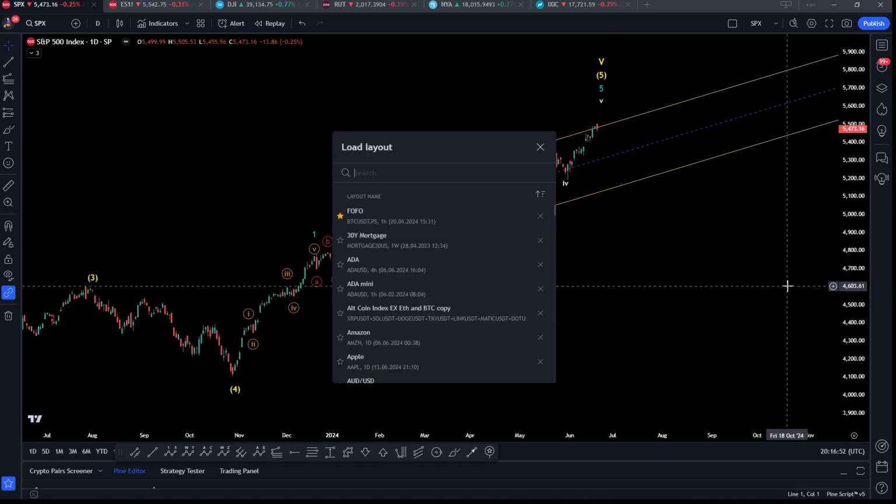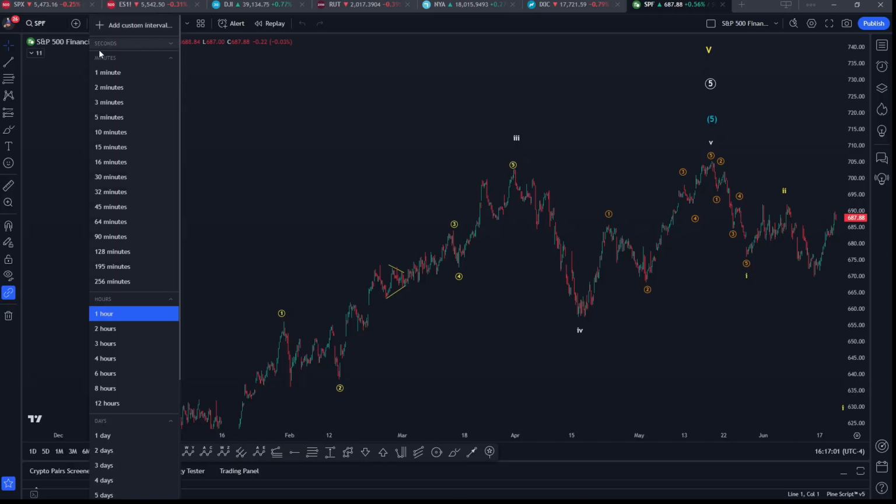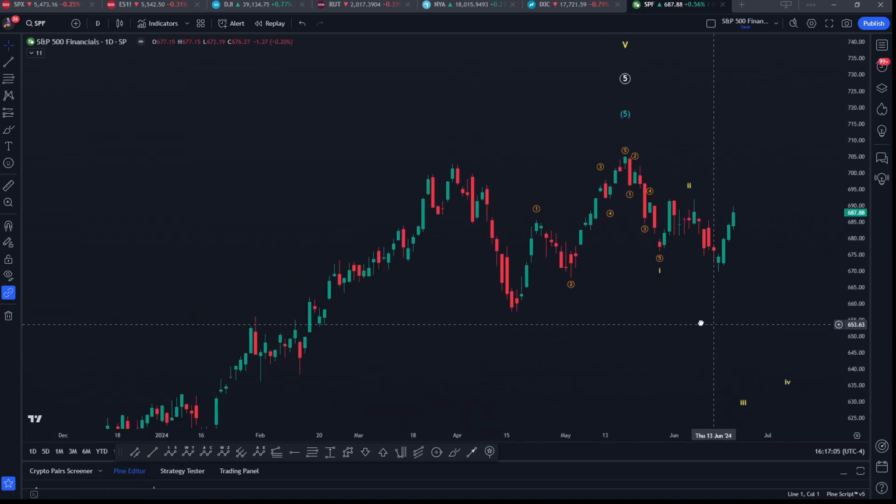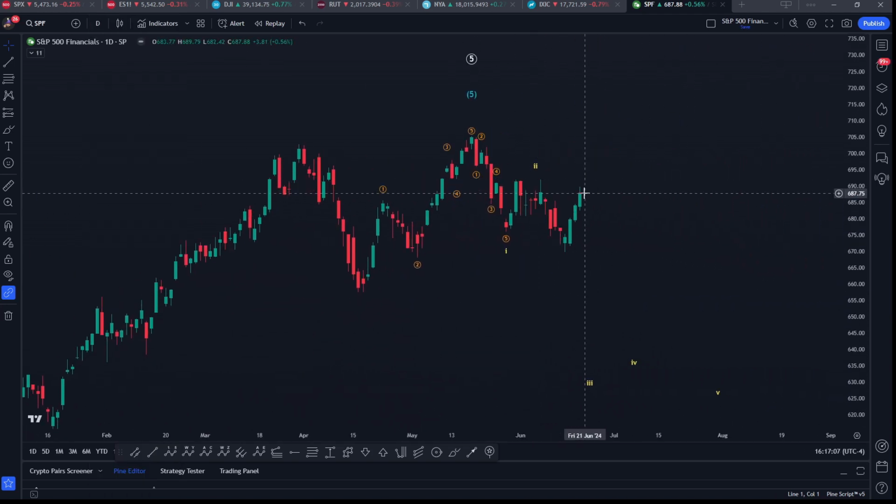I had this count. I don't know if I've updated it, but I'll pull it up here live. The S&P 500 financials. This is an hourly chart. Let's go to a daily chart. Okay. Labels might be a bit off here. Fact remains, this is all of the financial stocks out of the S&P 500, topping at the same time as the Dow and the New York Stock Exchange in totality.